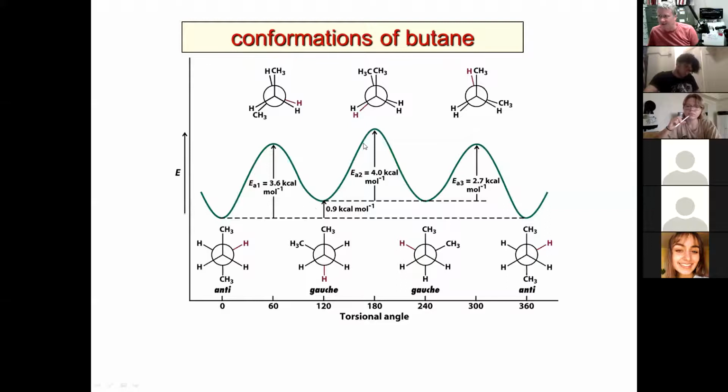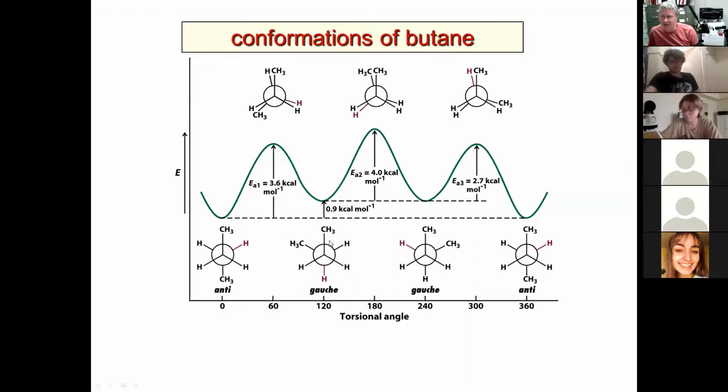Then it goes up to the super eclipsed. Not only is it eclipsed, having torsional strain, it also has steric strain, the 2 CH3s bumping into each other. That is another reason why gauche is a little less happy.